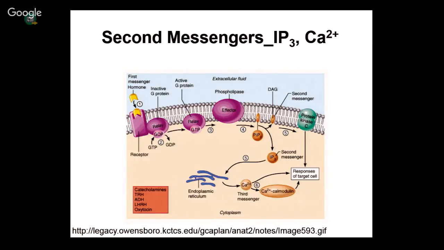Intracellularly, it is caused by IP3, and this IP3 signal can be activated by a G protein coupled receptor. However, IP3 can also be produced by another type of signal called tyrosine kinase, but I won't go into that today.